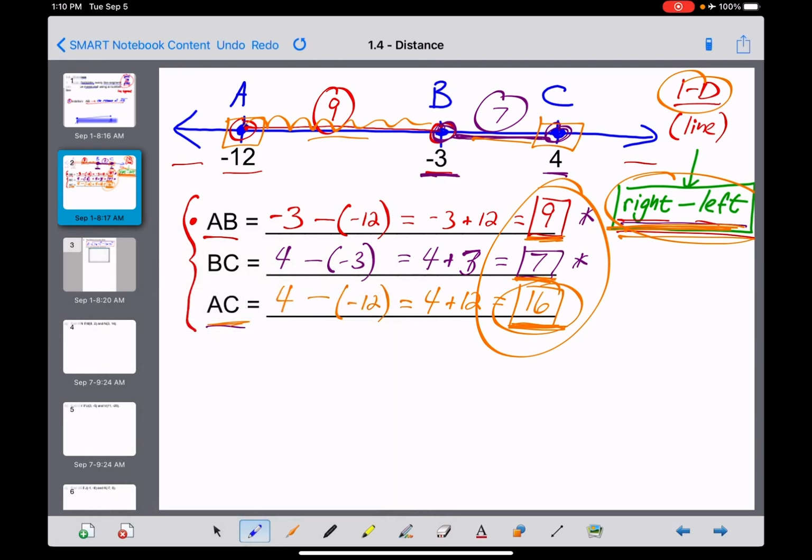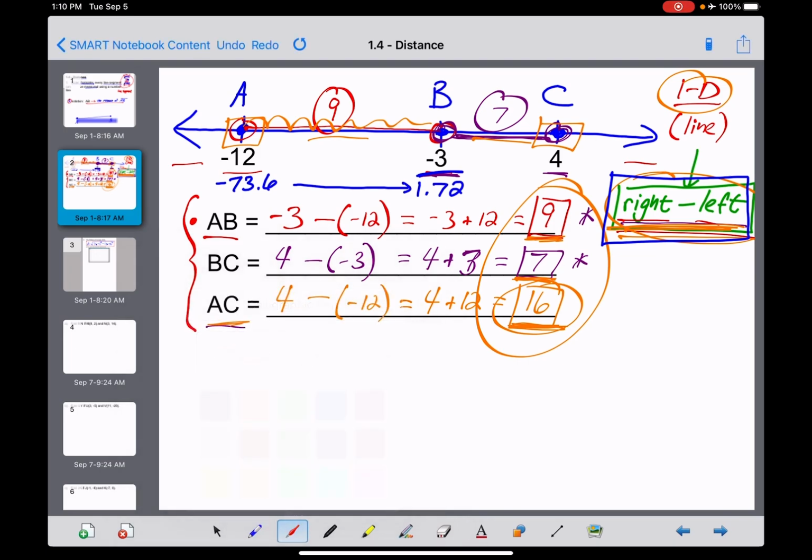Like instead of a negative 12, I might make that a negative 73.6. Maybe I'll throw decimals at you. And instead of a negative 3 here, that might be a positive 1.72. Now I don't think you're going to be able to count the distance between negative 73.6 and positive 1.72. So I'd really recommend that you guys take the time just to get used to this idea right here.